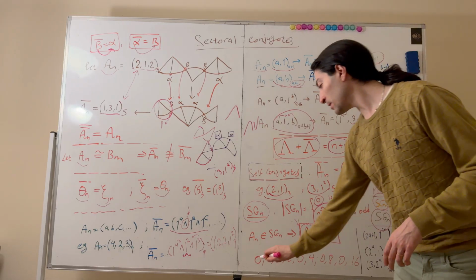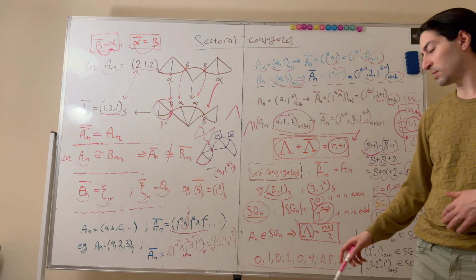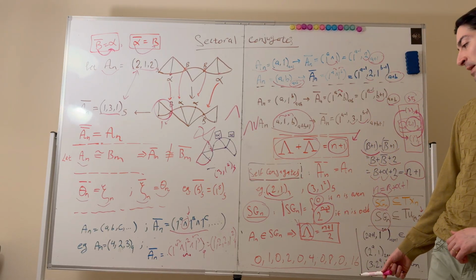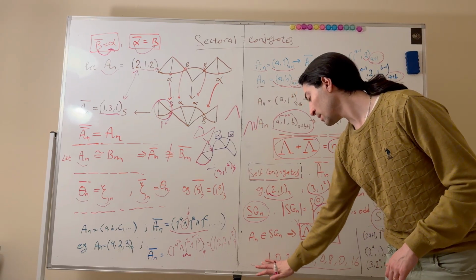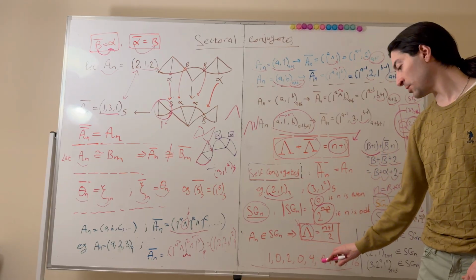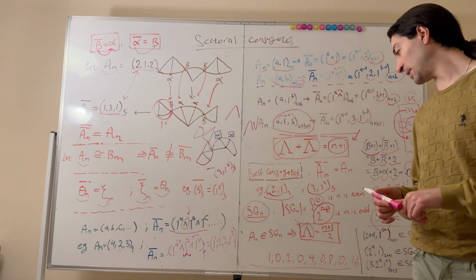Now, if we look at the first few sizes of these sets, we will see the pattern starting with n of 1: 1, 0, because this is even, 2, 0, 4, 0, 8, 0, 16, 0. So this is the pattern that follows.